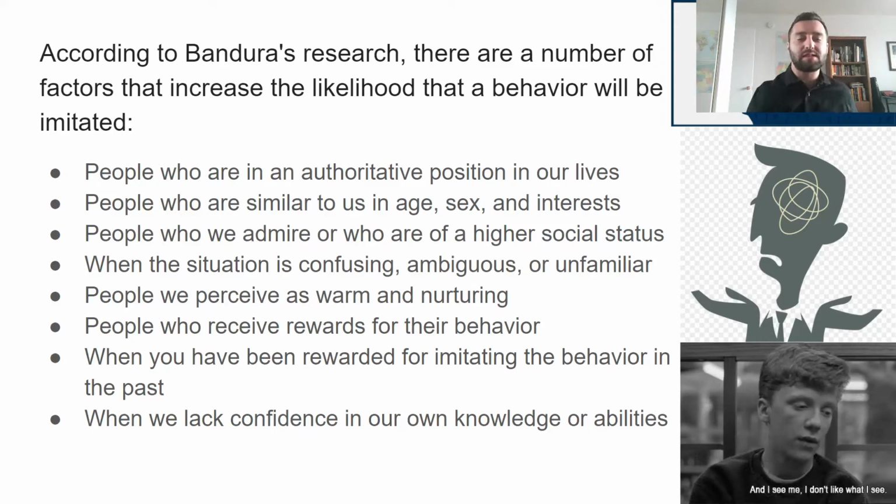Especially if that student's from out of state or maybe even out of the country, on that first day that they walk into class, if you pay attention next time this happens, you'll notice the first thing they do is walk in and look around at what everybody else is doing. What they're looking for is, what am I supposed to do here? So if we're in a situation that is unfamiliar, or you don't know what to do, or it's ambiguous, you're going to look around for other people, and then you're going to imitate those other people. People we perceive as warm and nurturing are also more likely for us to imitate.